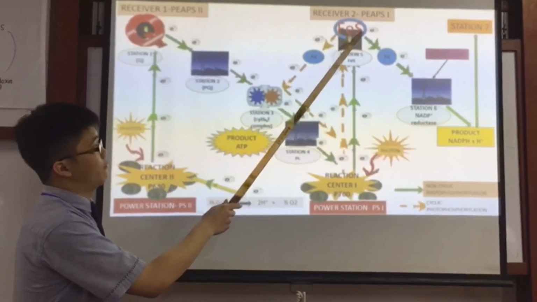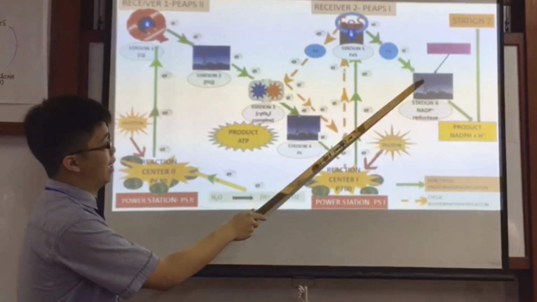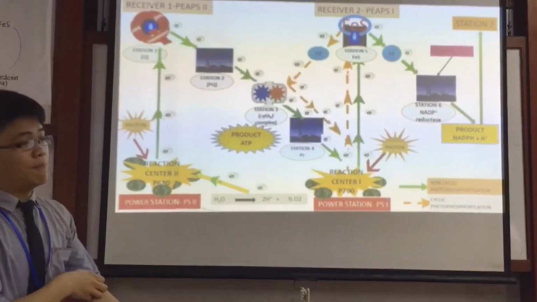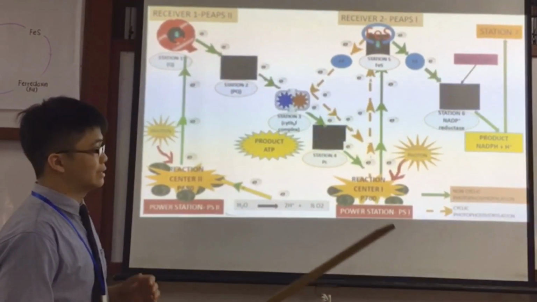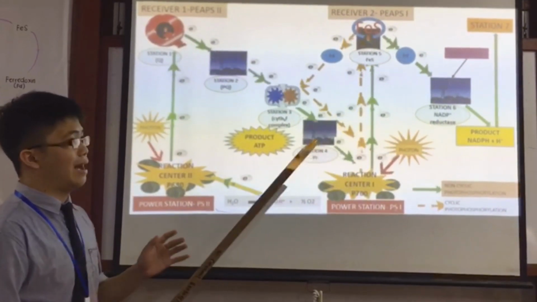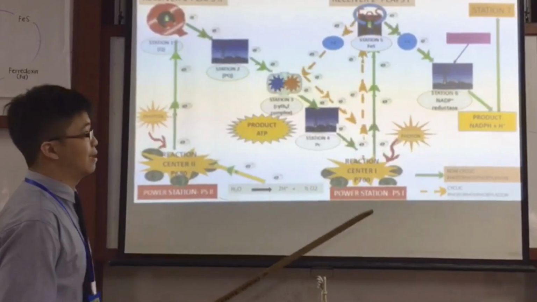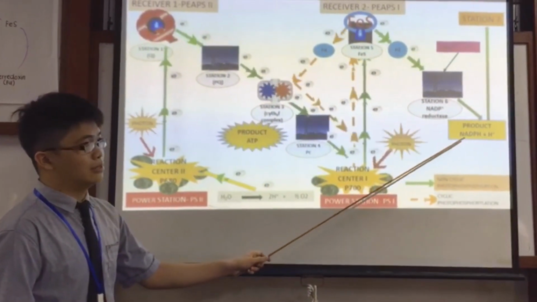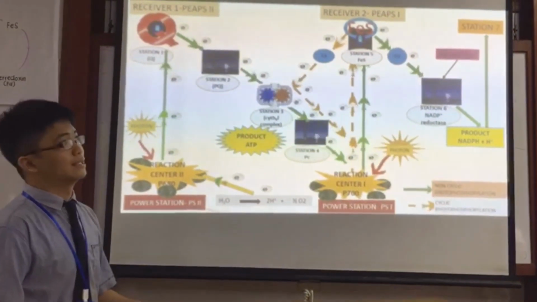Then the electron will pass to the ferredoxin, and then lastly will go to the NADP+ reductase. The NADP+ reductase will donate the electron to the NADP+ to stabilize it to receive the hydrogen from the photolysis of water to form the product NADPH. The product NADPH will then be released to the stroma for use in the dark reaction.